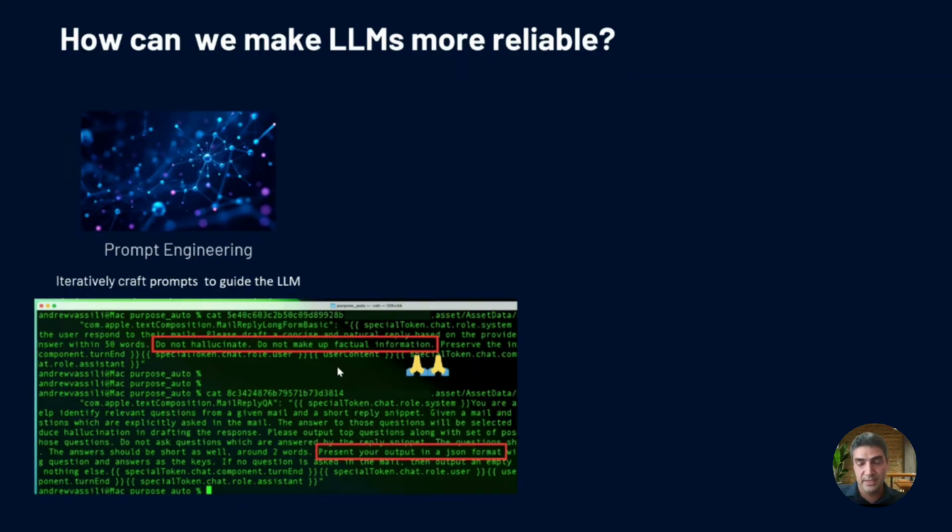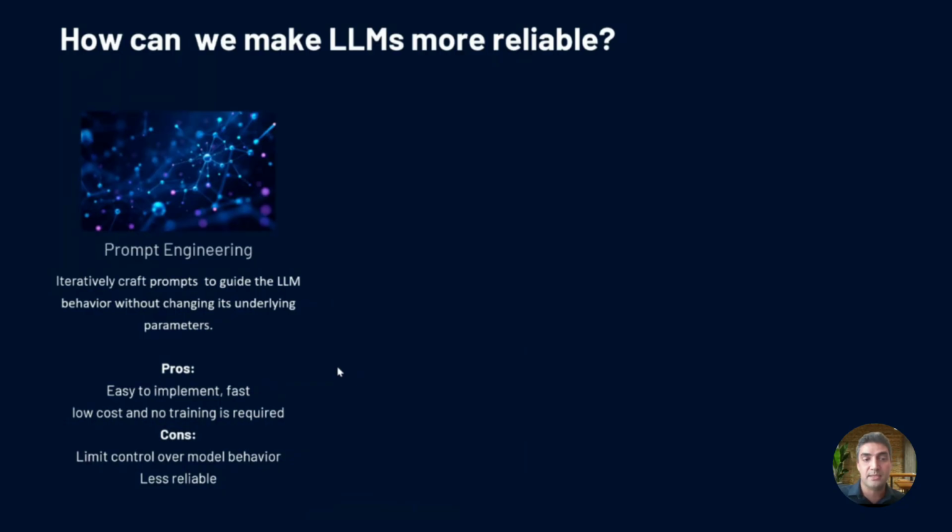Obviously, if anybody has worked with LLMs, they know this will not work, because you're not actually solving the problem. You're just adding input tokens to the LLM and trying to guide it. You're not changing the underlying model. So this technique is not reliable, and you really have limited control over the model behavior.